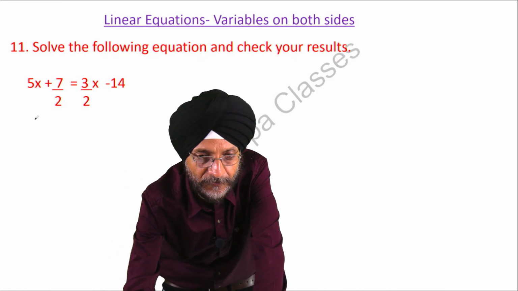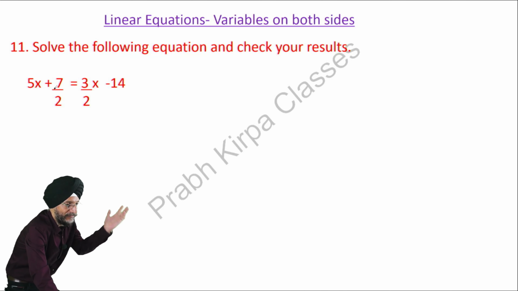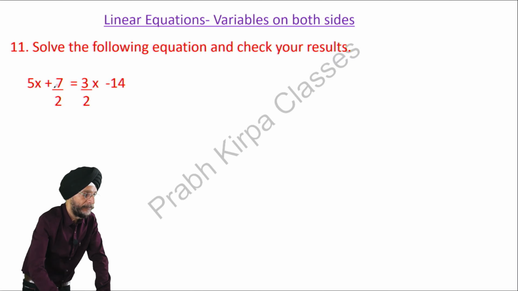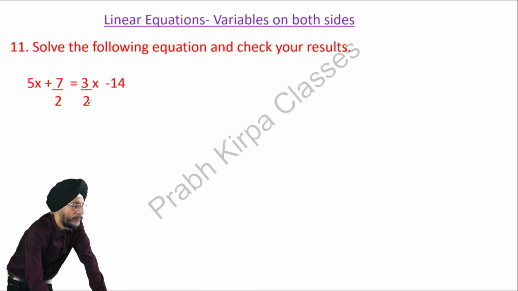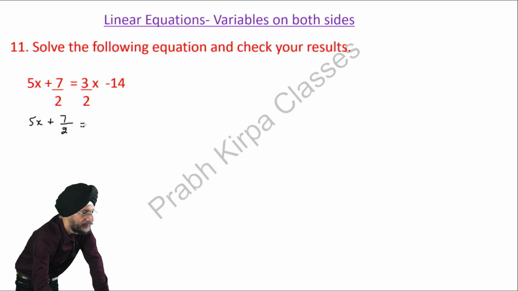From this question you will please observe that there is one number which is divided by 2 on the left hand side, and on the right hand side also there is one number which is divided by 2. So first of all we will write this as it is, 3 over 2 x minus 14.